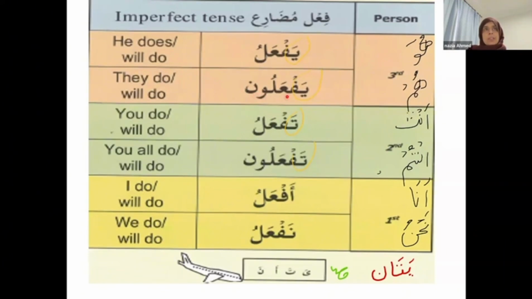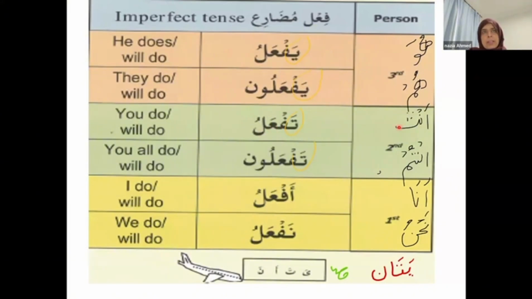Okay, we're done with the third person, masculine. We're moving on to the second person. Remember, anta, antum, your third finger. So for anta, we're going to take ta from anta, and instead of ya, we're going to put ta now. Taf'alu.